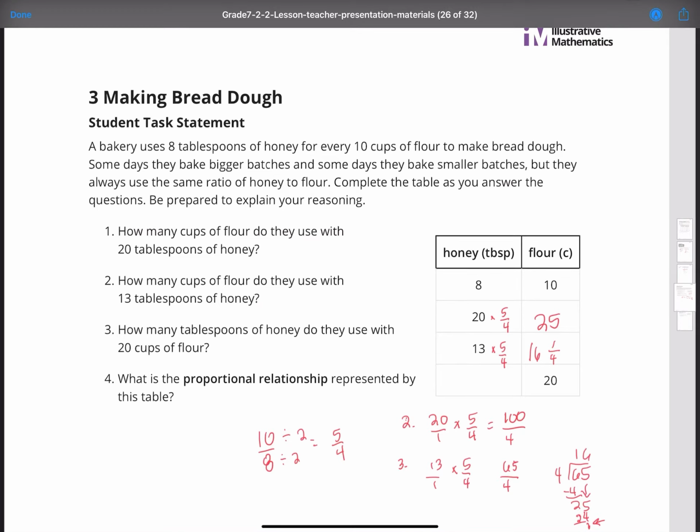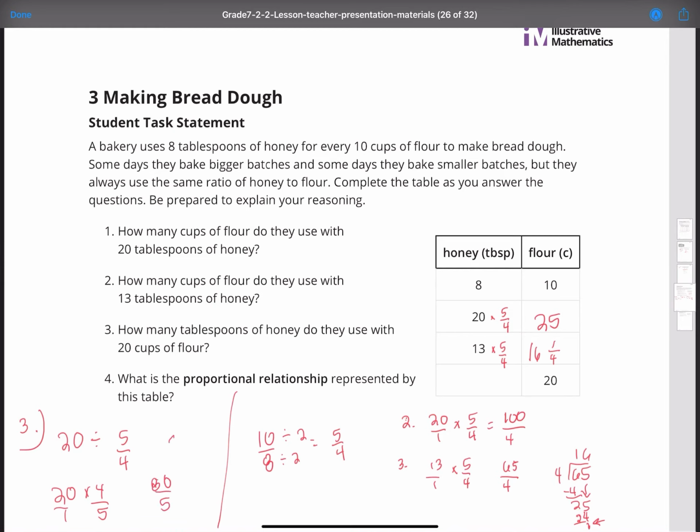But whenever I'm going from honey to flour, I need to multiply times 5 over 4. Whenever I'm going from flour to honey, I need to divide. So I'm going to do the next question all the way over here. I'm going to divide by 5 over 4. Now I need to apply the multiplicative inverse, which is also known as keep, change, flip. And when I multiply going straight across, I should get 80 over 5.